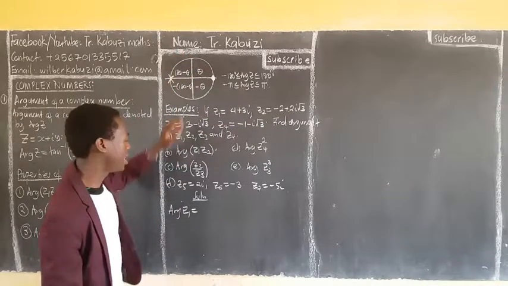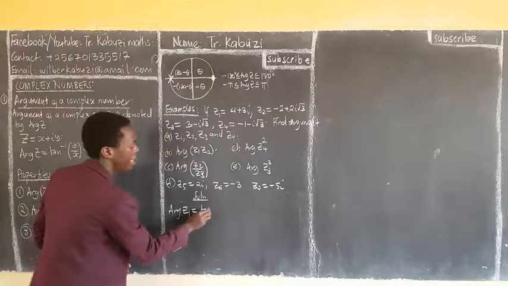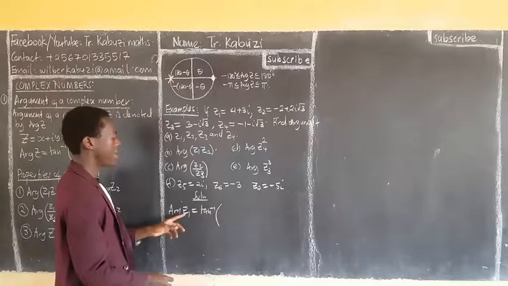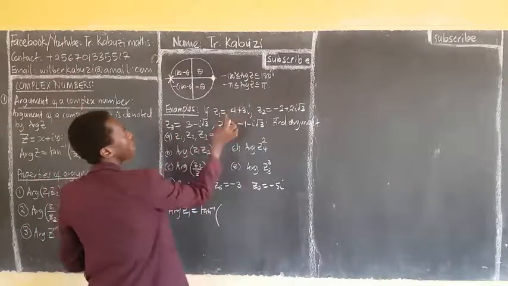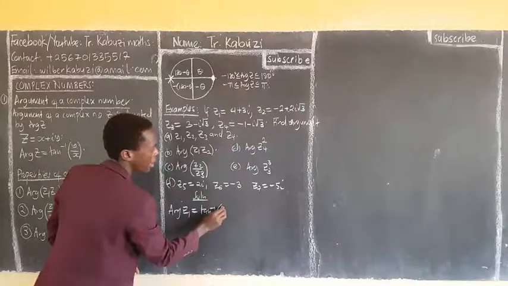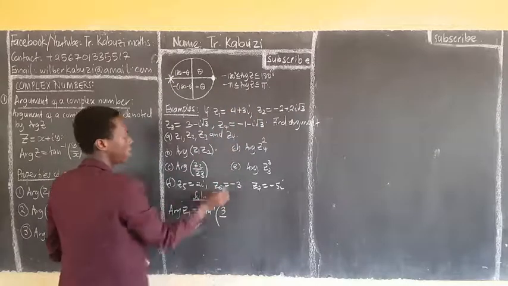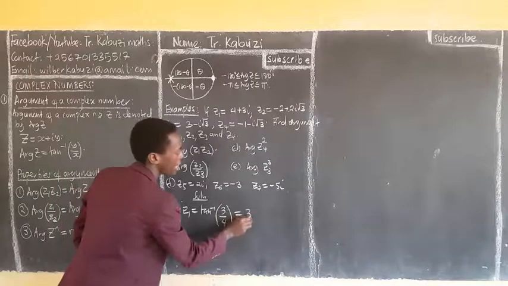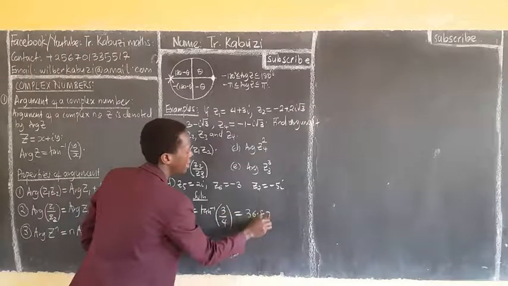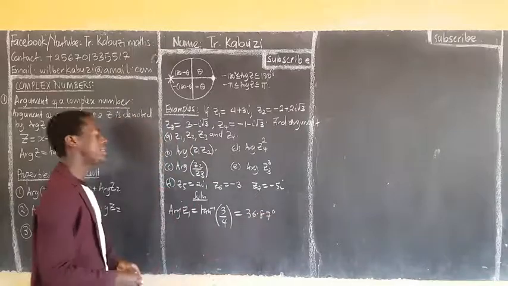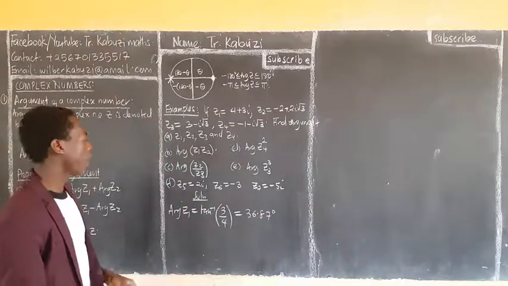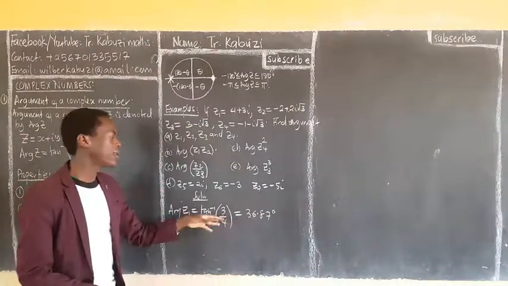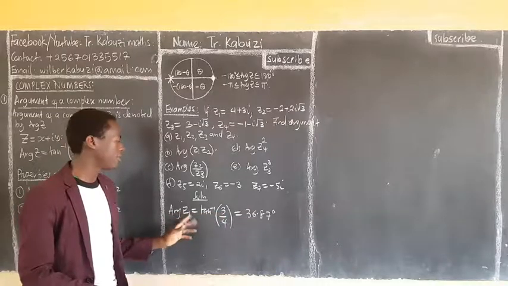So it's given by tan inverse of the imaginary, which is 3, over the real, which is 4. The answer you get is 36.87 degrees. You can leave it in radians or in degrees. Why am I leaving it like that? Because this one is in the first quadrant. So that is arg of z1.